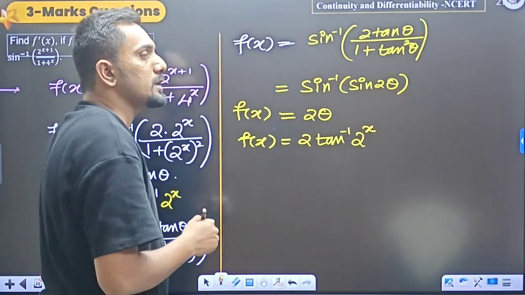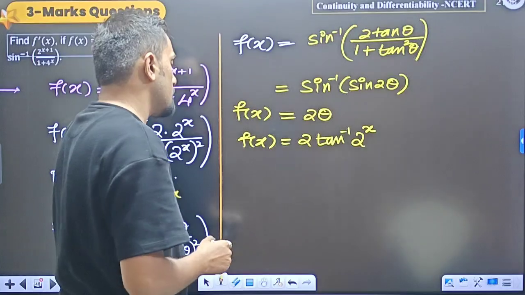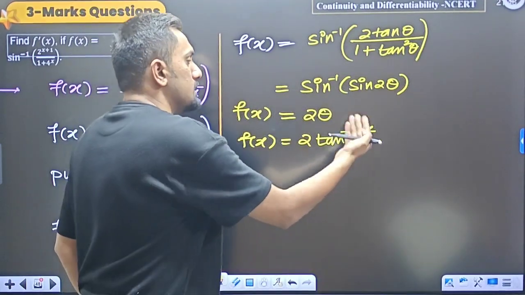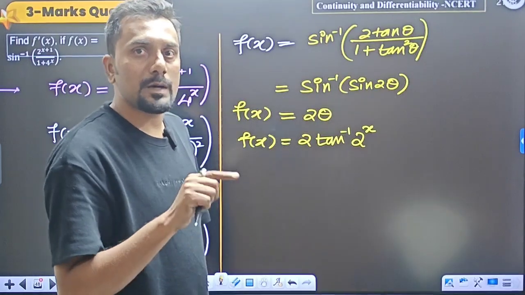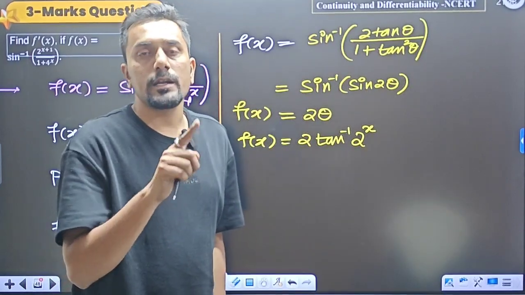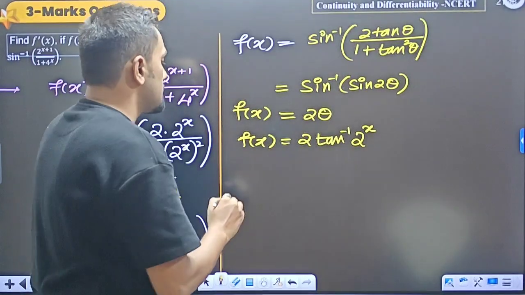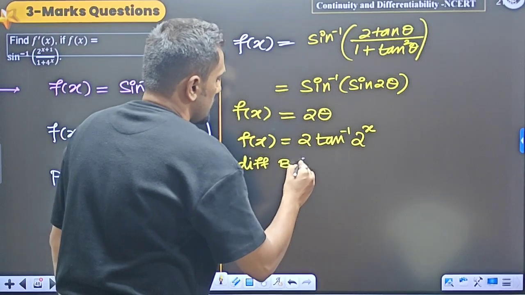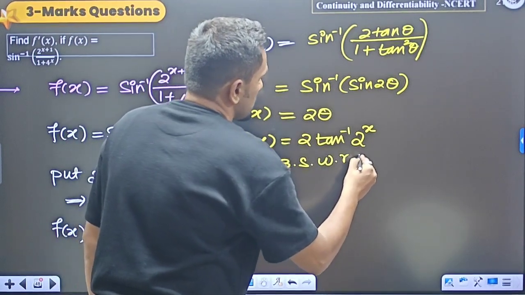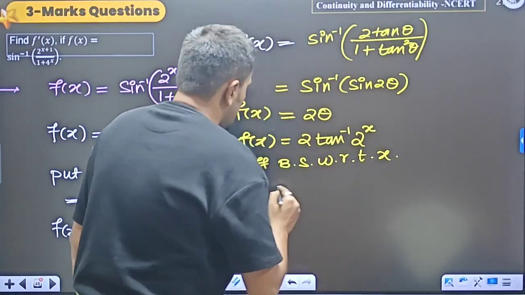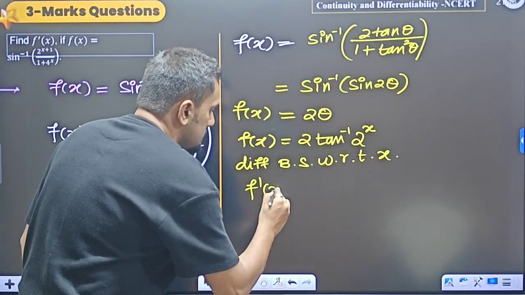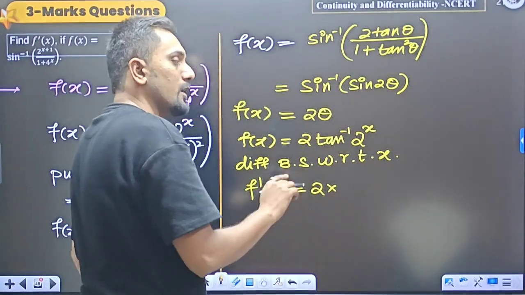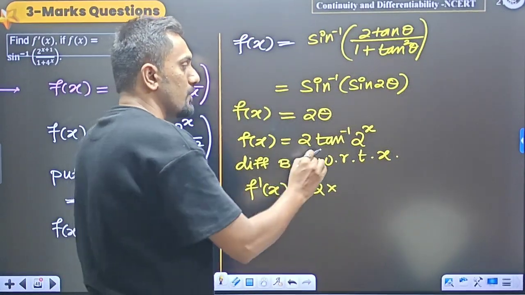Now it is very easy to differentiate this function, right? You use the chain rule. The derivative of tan inverse of f of x is 1 divided by 1 plus f of x square into derivative of f of x. So differentiating both sides with respect to x, f dash of x is equal to 2, a constant multiplied by a function; constant as it is, function differentiate.